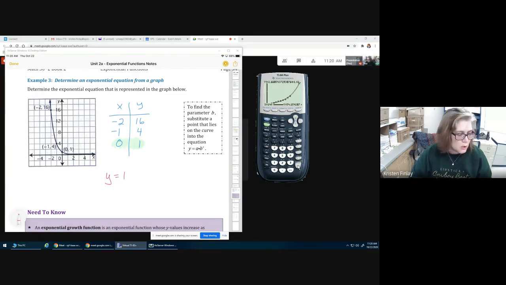We need to know our b value. And we also have 2 consecutive points, right? If we're going up, we're multiplying by 4, multiplying by 4. So y equals 1 for our a, because it's y is equal to ab to the x.